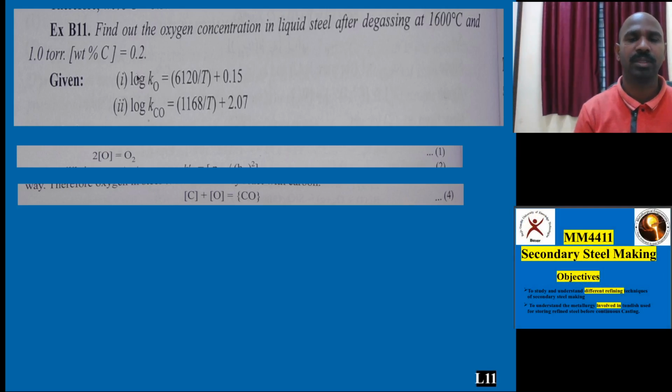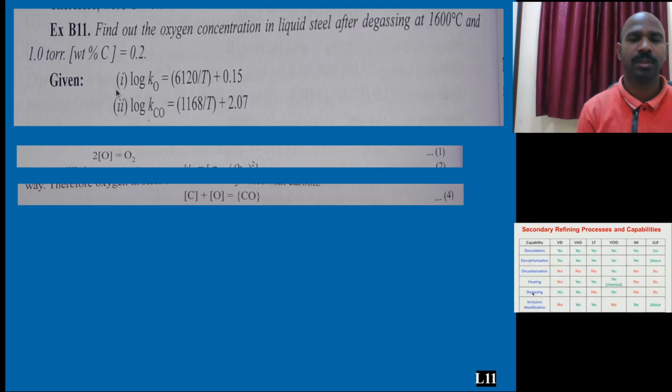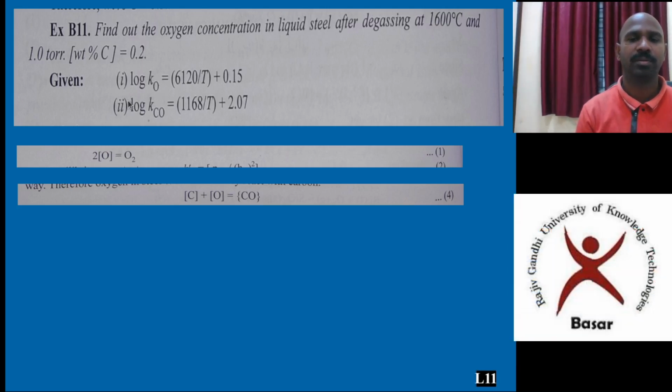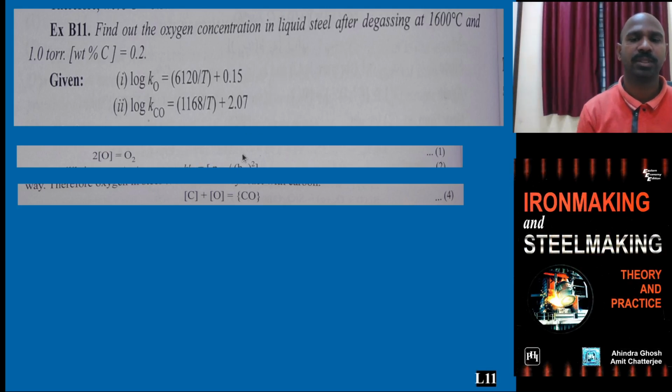Now let me read out the entire problem. The problem says: find out the oxygen concentration in liquid steel after degassing at 1600 degrees Celsius temperature and 1 torr pressure, where the weight percentage of carbon was observed to be 0.2. Another piece of information given is log K of O, where K is the equilibrium constant, in this particular form of equation, and another equation is log K of CO in the form of this equation, which happens in degassing.